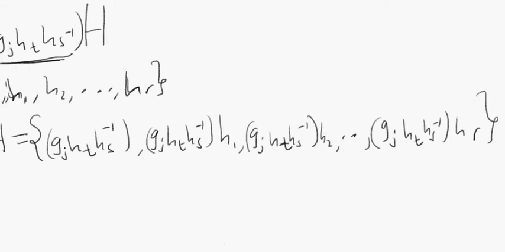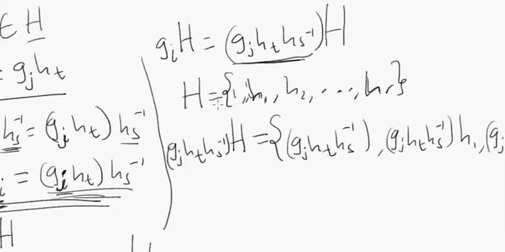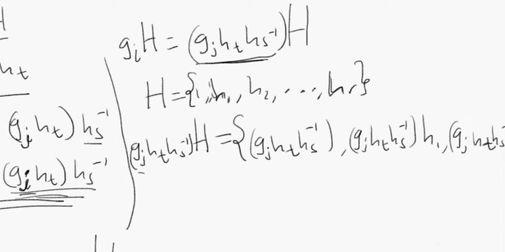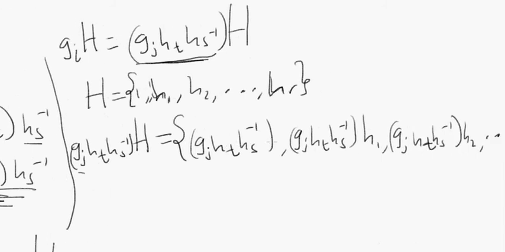Okay, well, notice that what we're dealing with here is a group. So in particular, all these elements, all the GIs and H's, are elements of a group. So associativity works. This means that we could multiply HT and HS inverse, HT and HS inverse times H1, HT HS inverse times H2.